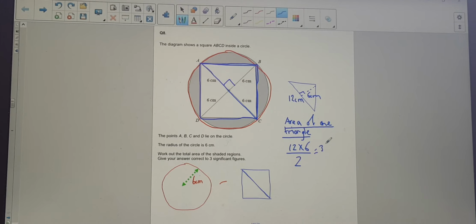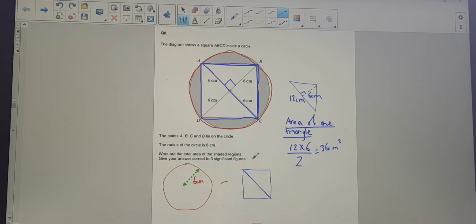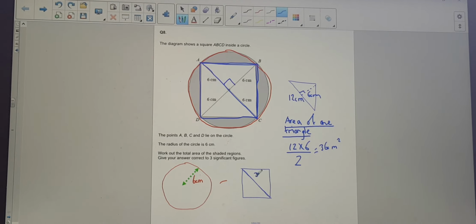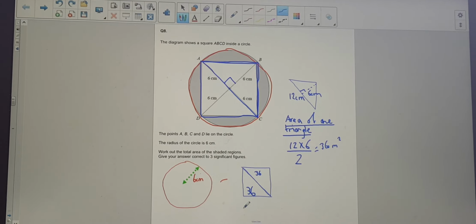So one of those triangles is 36 centimeters squared. And I know this triangle is identical. Therefore, the total area is 72 centimeters squared.